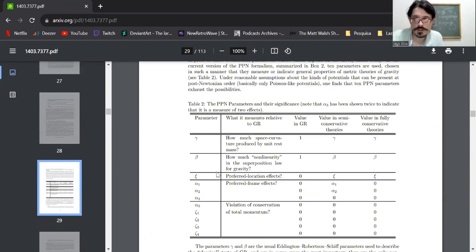Here you can see the full table of the PPN values, and he explains what they are supposed to mean within the context of general relativity. So here you see, the gamma parameter is supposed to mean how much space curvature is produced by unit rest mass. So the interpretation here would be different because of the differential geometry that I mentioned. But for beta, it's supposed to be how much nonlinearity, quote unquote, there is in the superposition law for gravity.